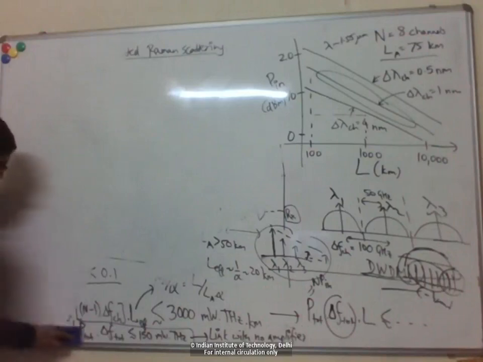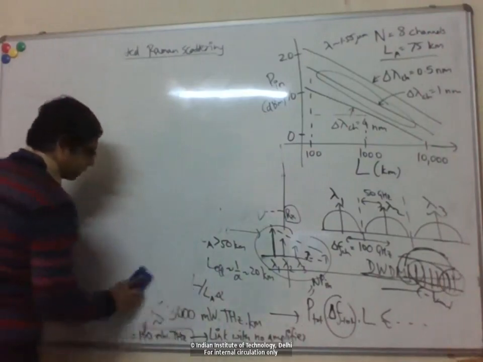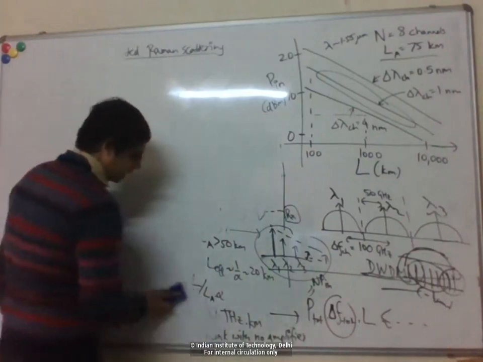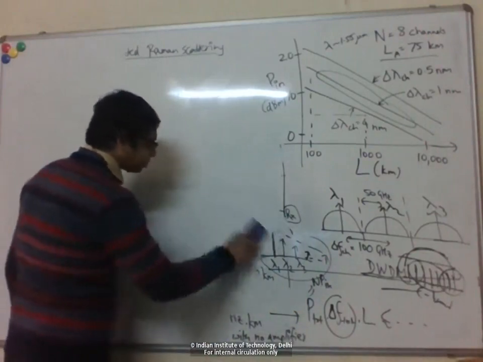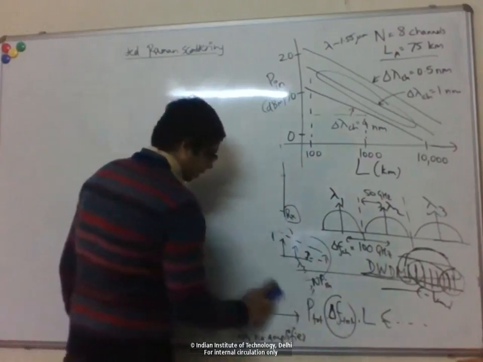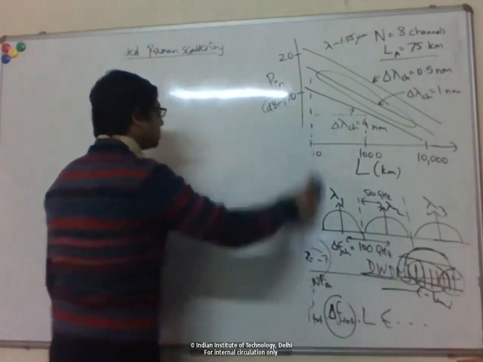So part of the energy of the pump photon was taken away by these vibrations, and then the scattered photon had a slightly lower energy. So they are also known as inelastic scattering mechanisms.